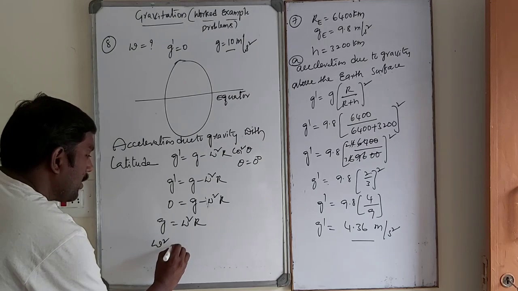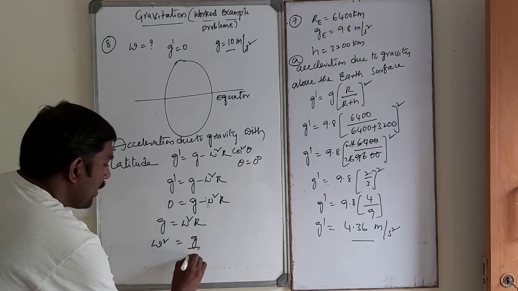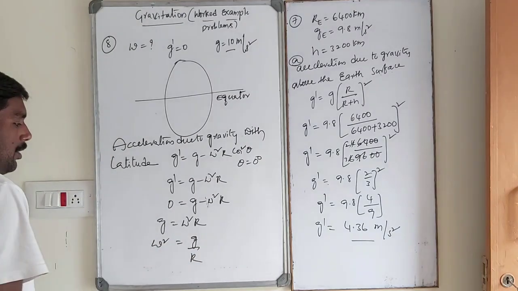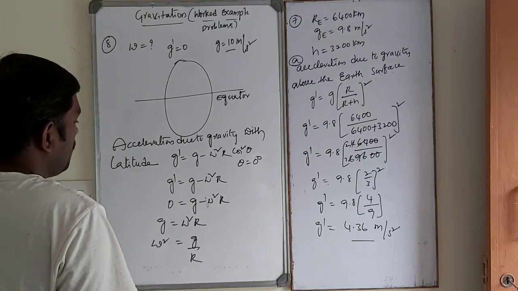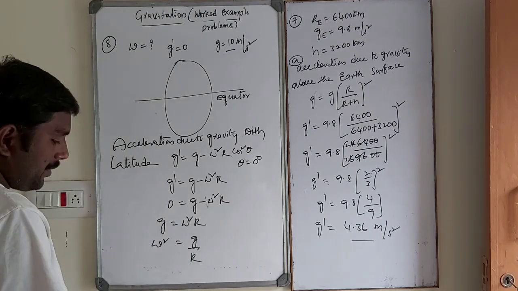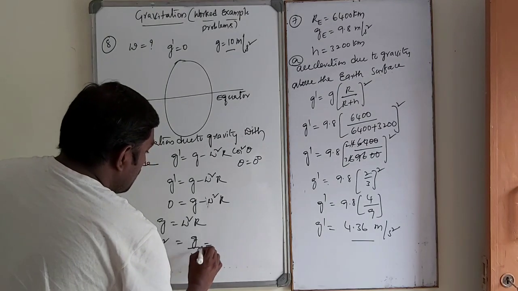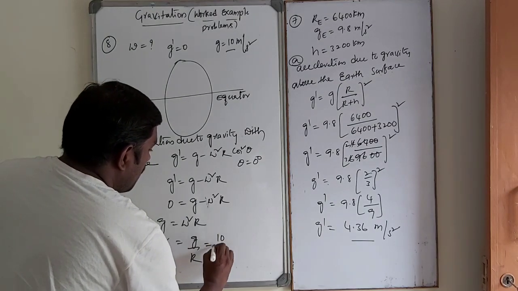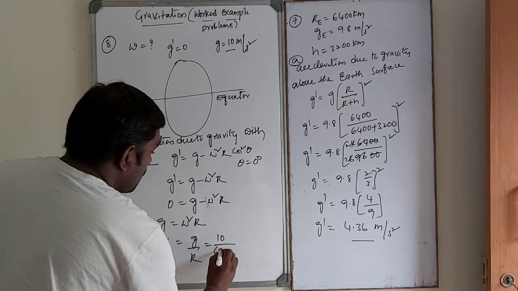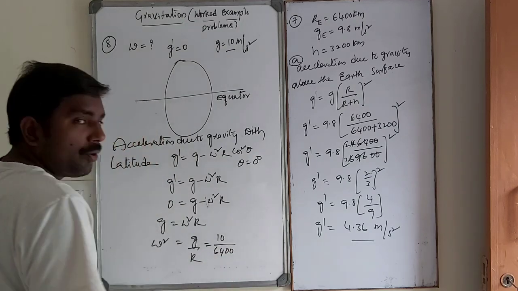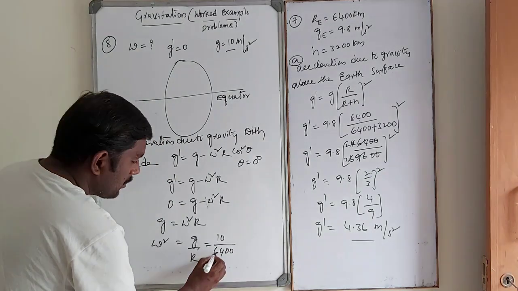Omega square is equal to g by r, where r is the radius of the earth, that is a fixed value. g is equal to 10 divided by r, which is 6400 kilometers, the fixed value.